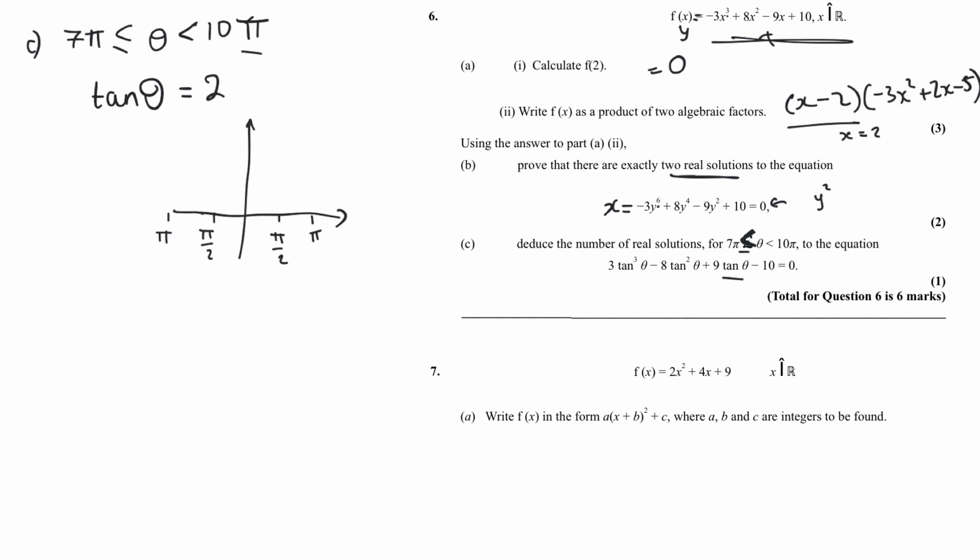So remember, your pi over 2 is equivalent to your 90 degrees, and then your pi is equivalent to your 180 degrees. The whole point, just for recap, so when it comes to tan, you never have it touching 90 degrees, but then you have solutions in between.